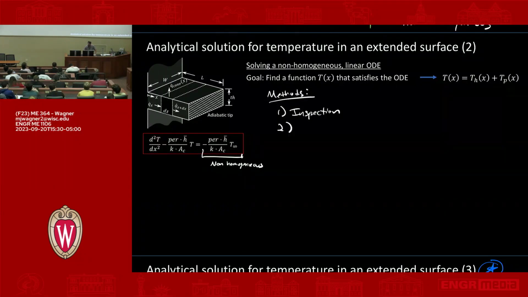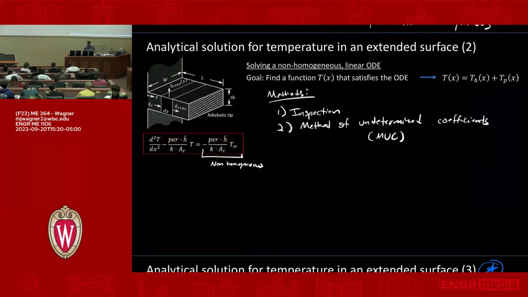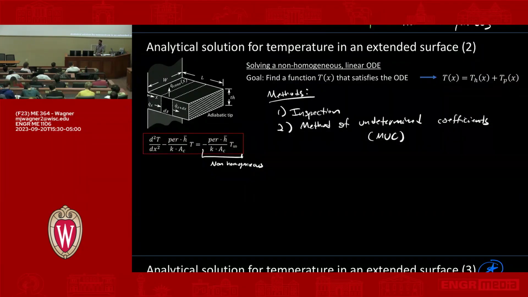Method 2 is called the method of undetermined coefficients, or sometimes we call this MUC for short. There's a particular method that goes with that. So let's walk through what the steps are here.